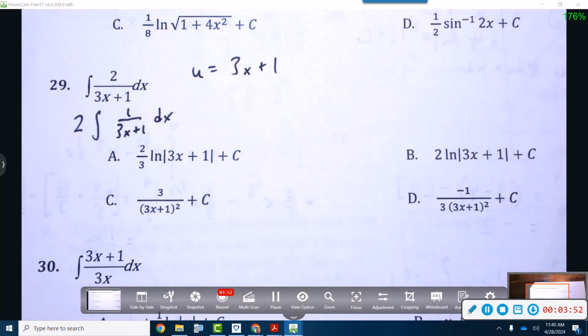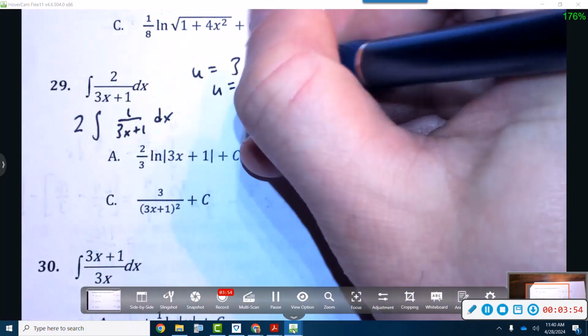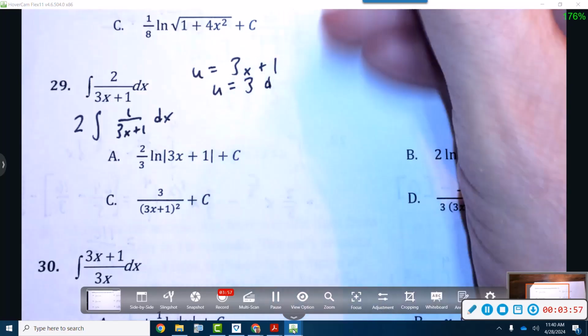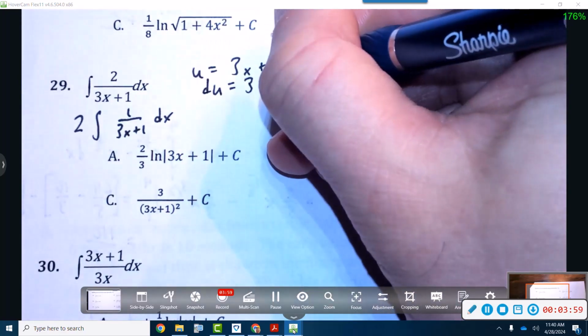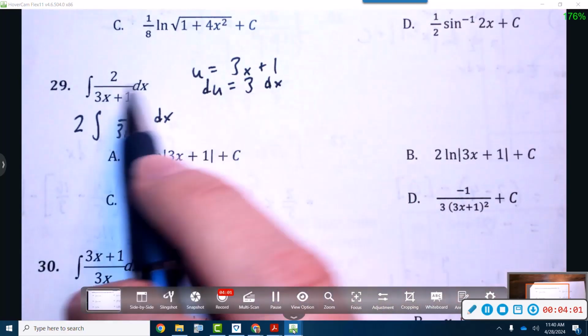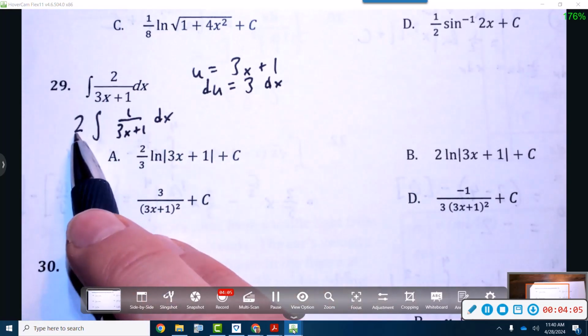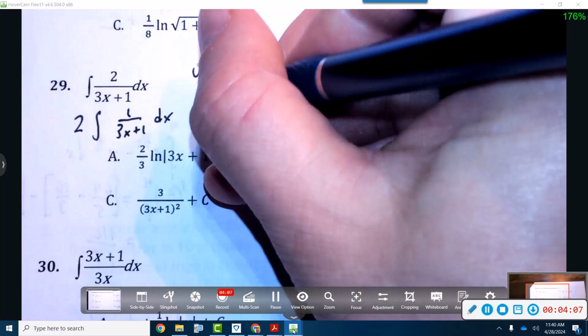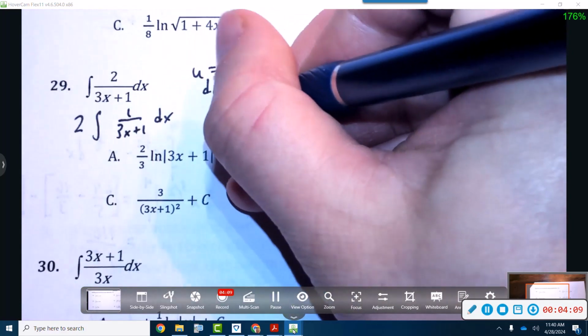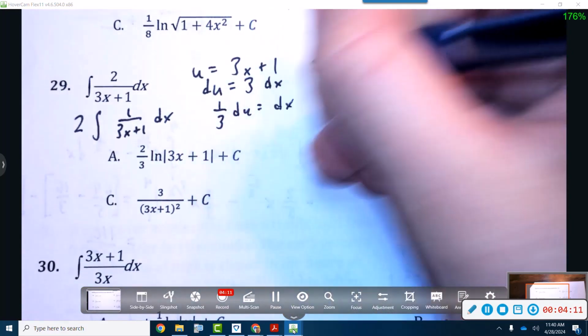So now the u equals 3x plus 1, and du is 3 dx. Now we don't have a 3 dx. We put the 2 over there because I don't feel like dealing with it, but we are going to have to do a 1/3 du equals dx.